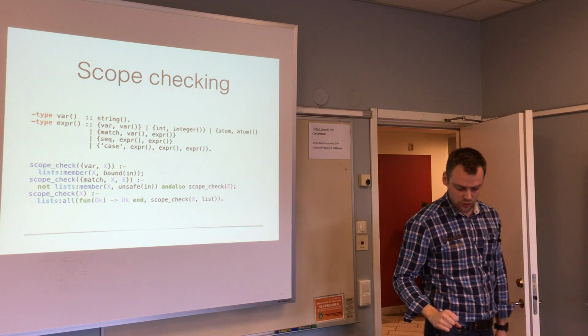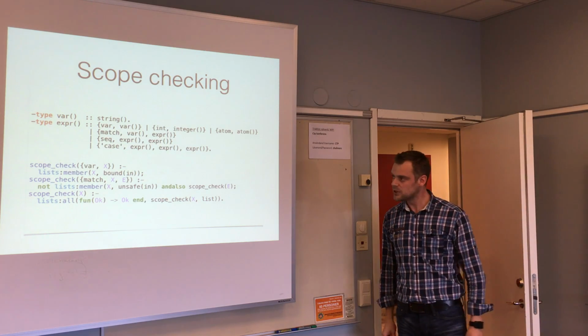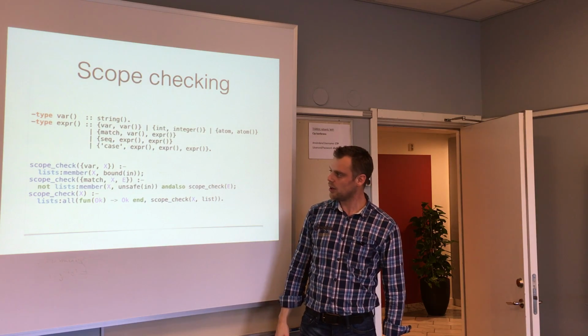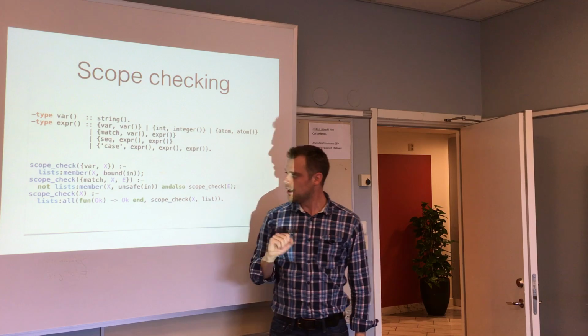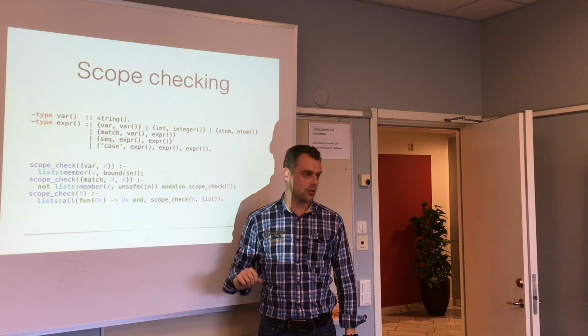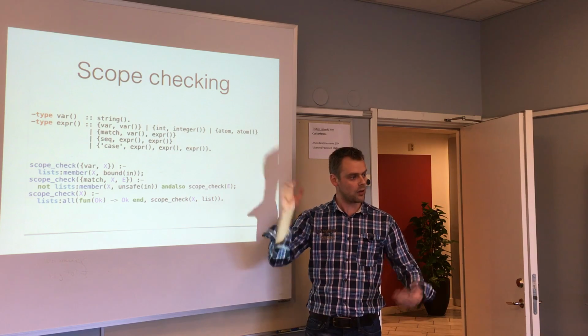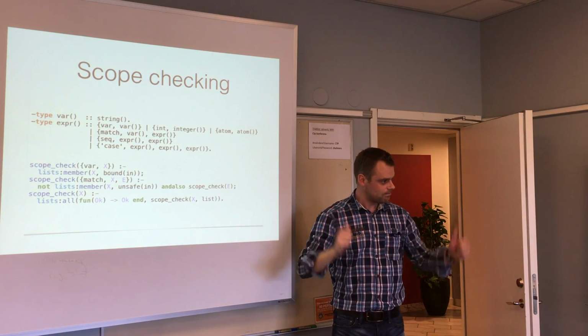I'm going to introduce this top down. What is scope checking? In case of a variable, the scope is okay if X is bound. So I have an attribute bound with all the bound variables, and if X is an element of the list, then it's okay.